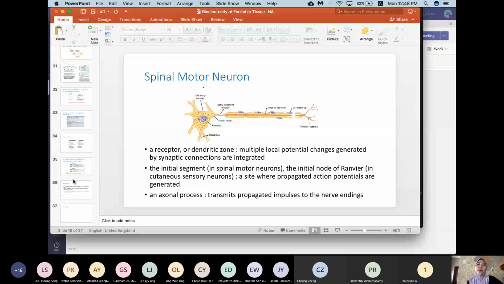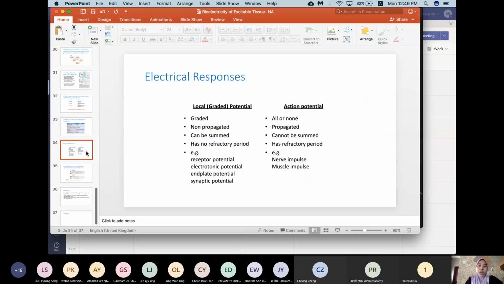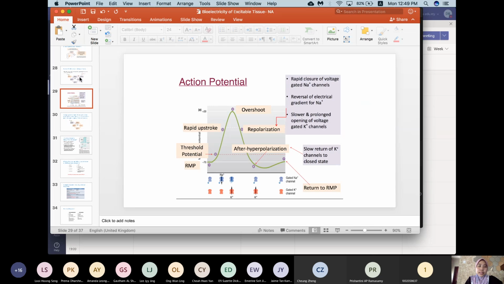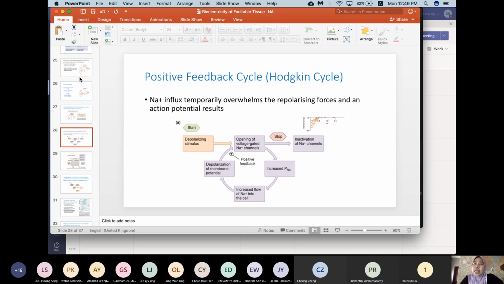The question would be: identify the difference between the absolute refractory period and the relative refractory period. I want you to compare what the absolute refractory period is and what the relative refractory period is.